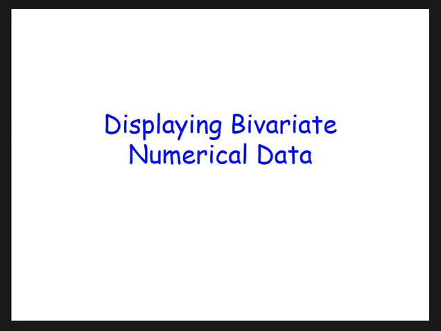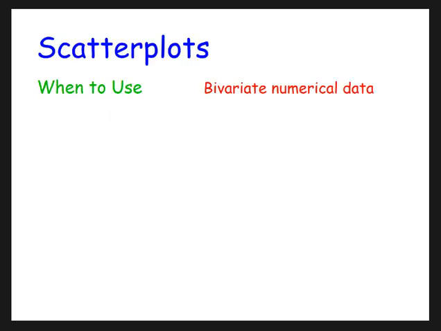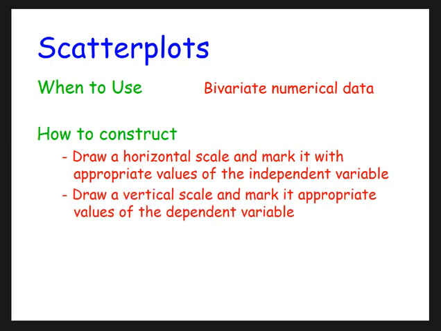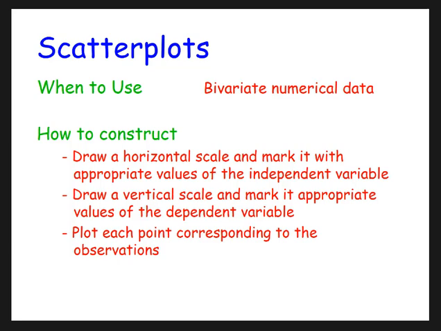Now, this is the new part for today, bivariate data using a scatter plot. So here we are looking at two different variables, comparing them to each other. So we're using numerical data, and we're comparing two variables. Both variables are numerical. We draw the horizontal scale and make sure we cover the whole range of that independent variable. We draw the vertical scale and make sure that covers the whole range of the dependent variable.